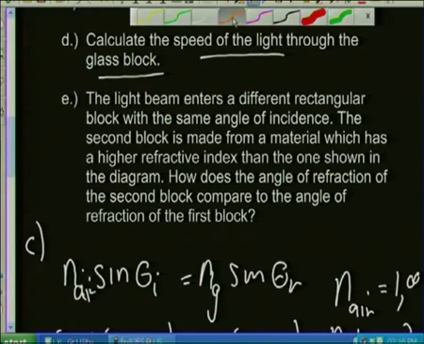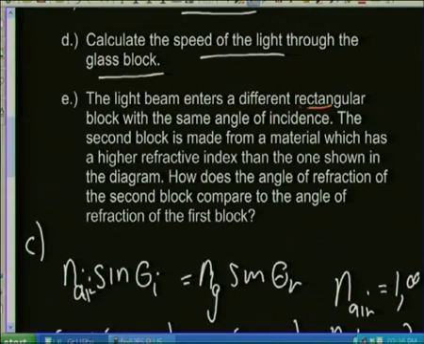It says the beam of light enters a different rectangular block. Important that it's a different rectangular block with the same angle of incidence. So the angle of incidence isn't different. The second block is made from a material which has a higher refractive index. Okay, so it has a higher refractive index. We'll bear that in mind.